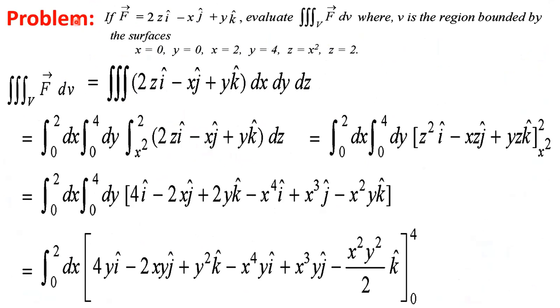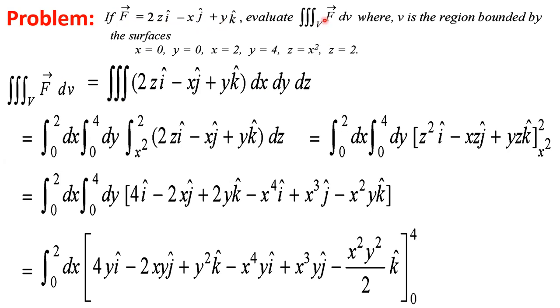Our last problem is to perform a volume integration for a vector function. For example, we have this F as a vector function, and it's given by 2z i minus x j and y k. So this is the x component of this vector field, this is the y component, and this is the z component.